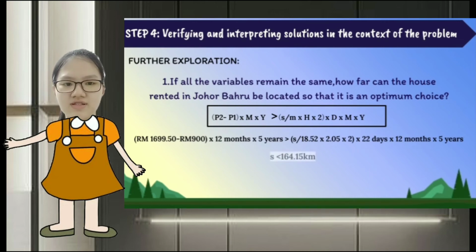Then S is lesser than 164.15 km. This means that if the distance between the house in Johor Bahru and the house rented in Singapore is lesser than 164.15 km, then it is sensible to commute from Johor Bahru to Singapore.